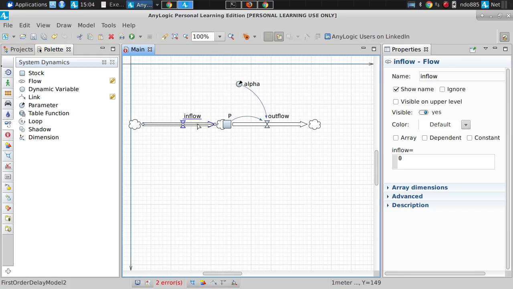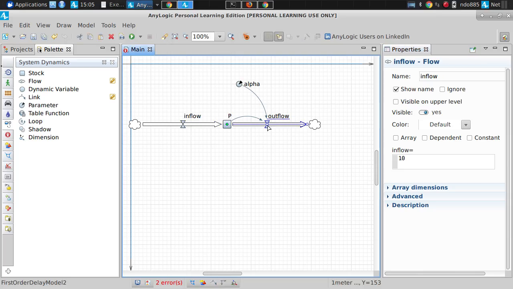If you missed it and you got something like that, just drag the tip over there. It'll connect, although it may not make that sound. And then I dragged in a parameter. I called it alpha, and I dragged in two links here that indicate dependencies, okay? And now let's fill this in. Ladies and gentlemen, we're going to fill in an inflow with a rate of 10.